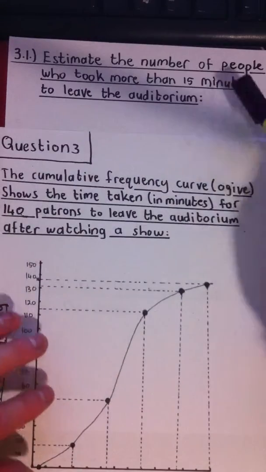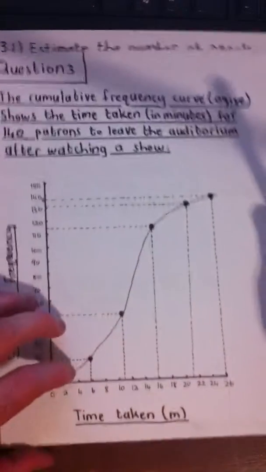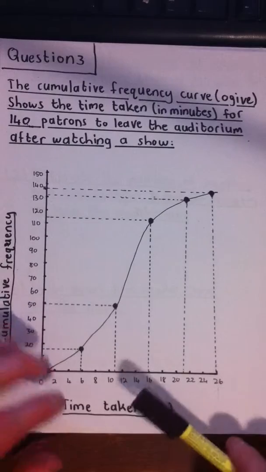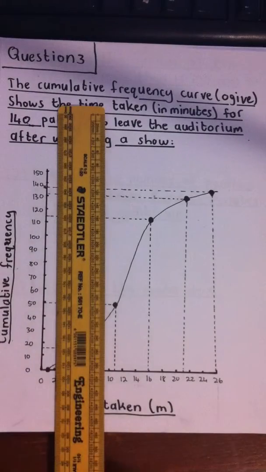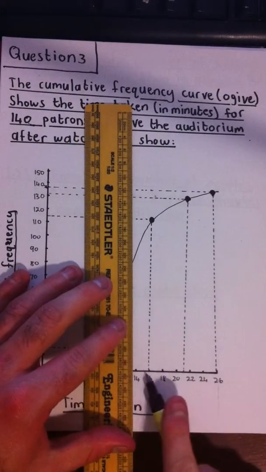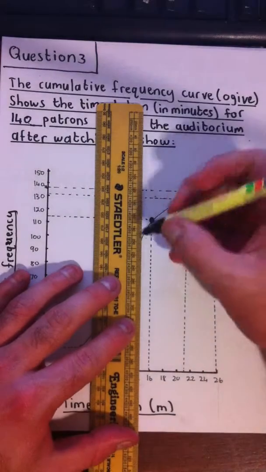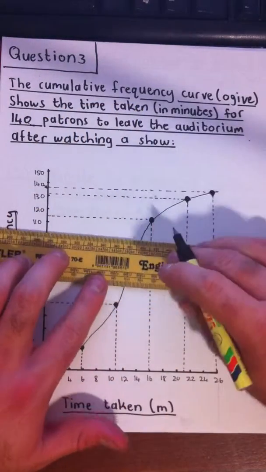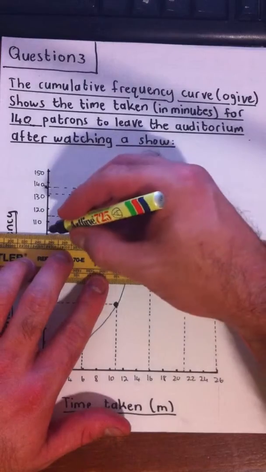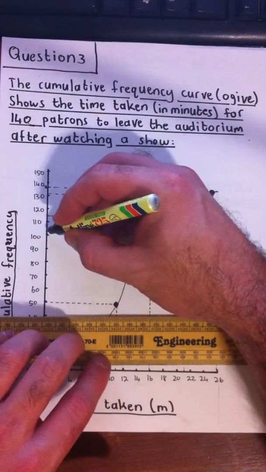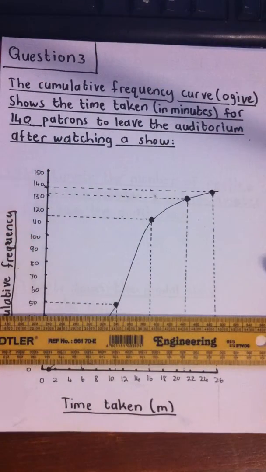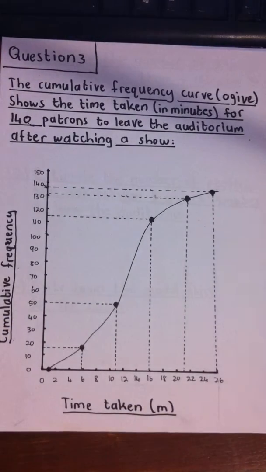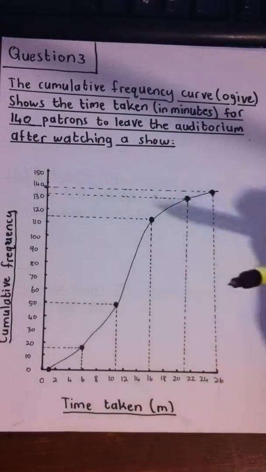Now we'll do the same for 15 minutes. We'll find where 15 is, connect it over here, and then see what our value is. It looks like it's somewhere between 100 and 110. Let's call it 105. On your accurate graph paper you'll see that it should actually be 104, I believe.